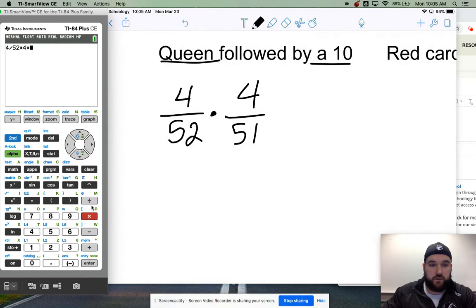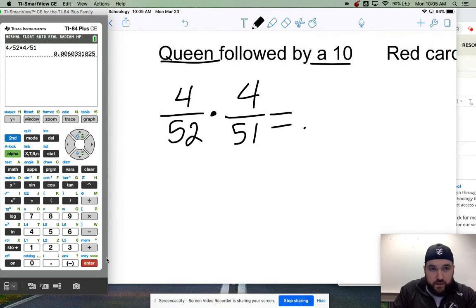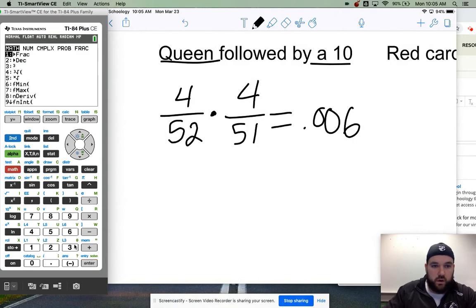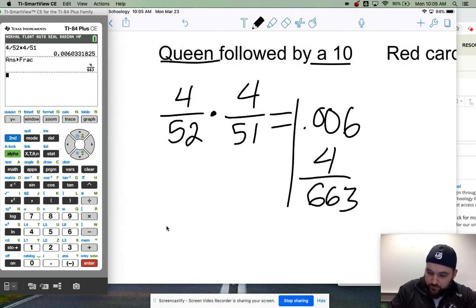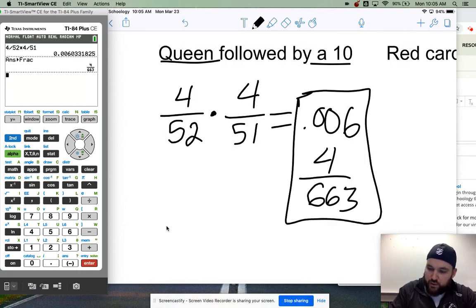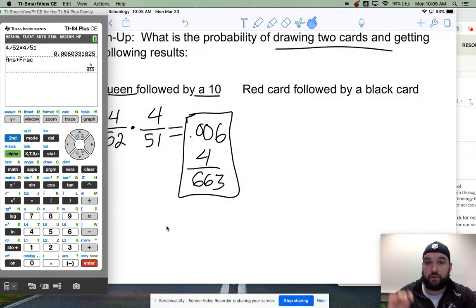As a decimal, that is 0.006 about. Or if we want the fraction version, it is 4 out of 663. So that's the probability that you get a queen, and then it is immediately followed up with a 10.